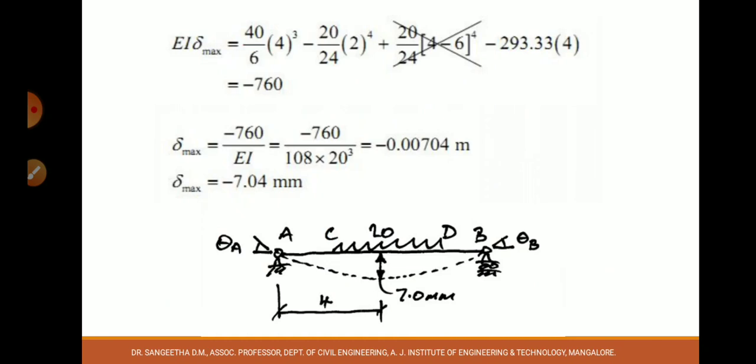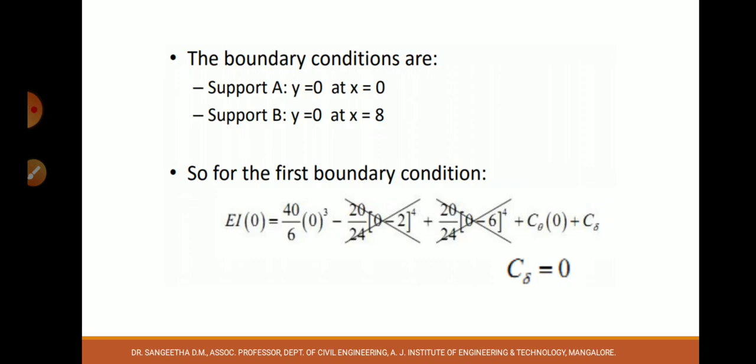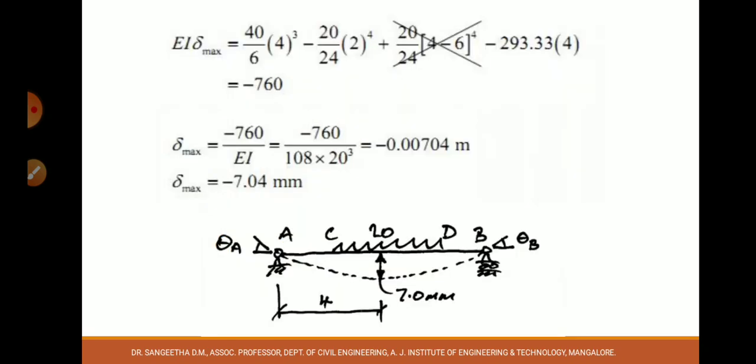See here, the negative term within the brackets, x minus a negative, that term should be neglected. So, here it is neglected, so that the maximum deflection is found to be minus 760 by EI into y max.